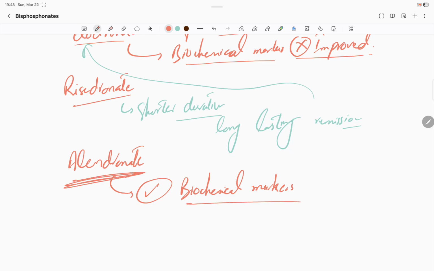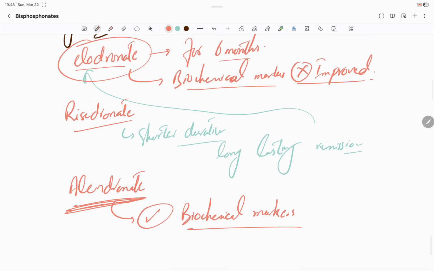And this is the reason etidronate is no more in use. Why? Because we have Alendronate available, Risedronate available, Zoledronic acid that is also available. Zoledronic acid, Pamidronate, those which are available in the IV formulations are actually used for the severe cases.